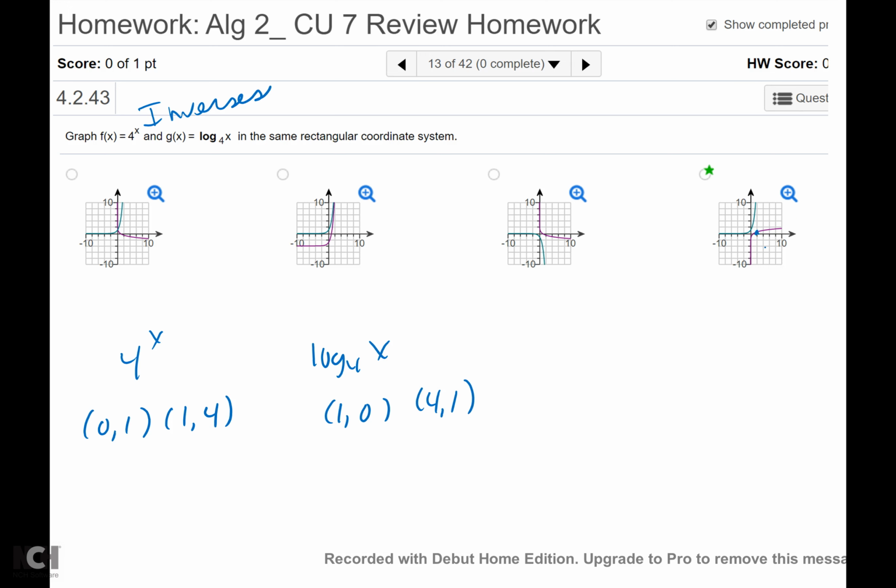It's got to be this one. Plus, the only one that either splits in half or intersects where they intersect is this one. Well, I guess that one kind of does, but that one's facing the wrong way.